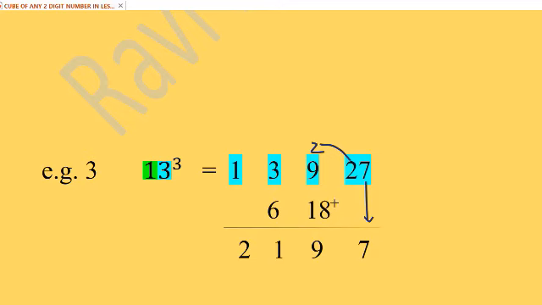Do I need to explain how we got 18 here? Double of 9 and double of 3 is 6, right? Already we have discussed. So 9 plus 2 is 11, 11 plus 18 is 29, and 9 is here, 2 will be carried forward. 3 plus 2 is 5, 5 plus 6 is 11, 1 here, 1 will carry, 1 plus 1 is 2, so the answer is 2197, 13 cube.